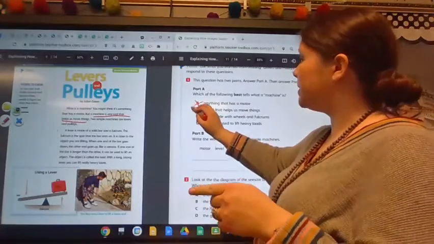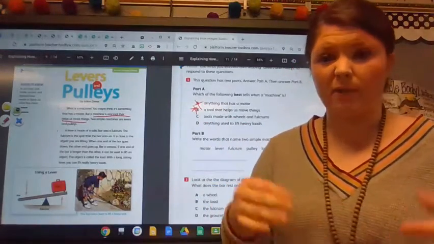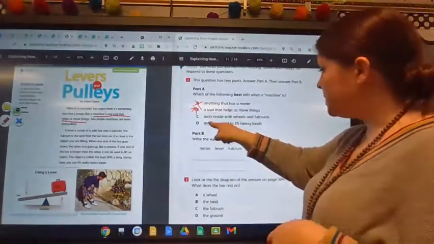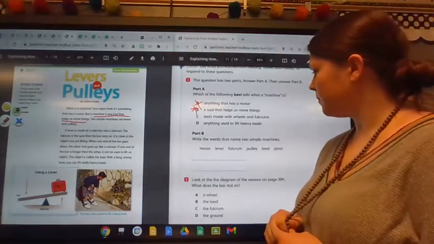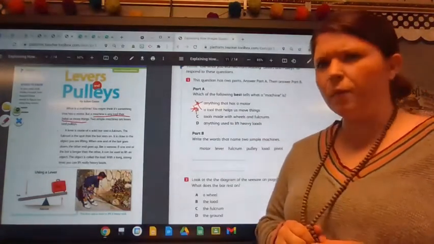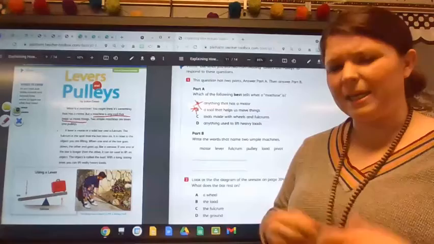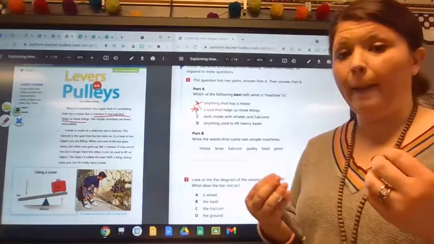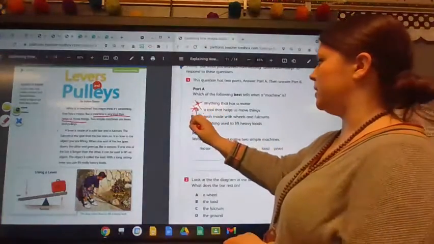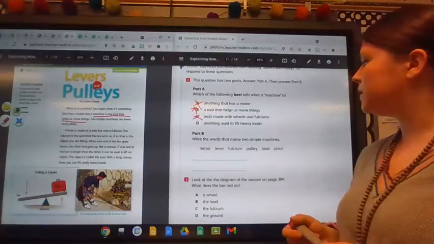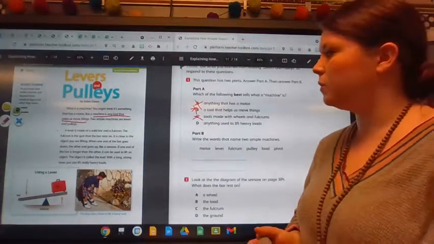But let's put a star beside it and make sure there's not a choice that might give more details. C, tools made with wheels and fulcrums. Now, wheels and fulcrums are a type of simple machine, but that isn't what makes a machine. So no. Anything used to lift heavy loads.